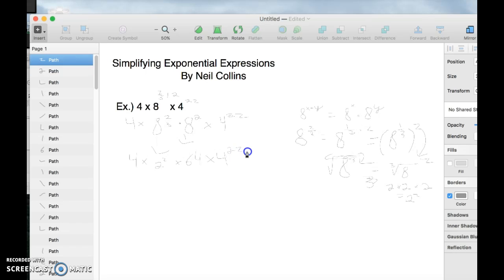Okay, so I think we can simplify this a little bit further, don't you? Let's take that 4 to the 2z and use another rule of exponents. I'll show you an example really quick. Let's say we had x to the yz.